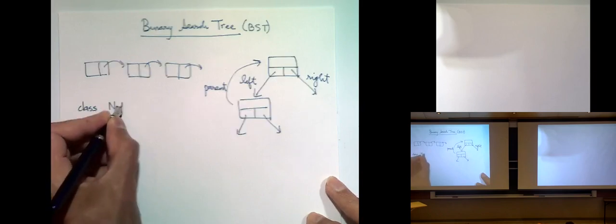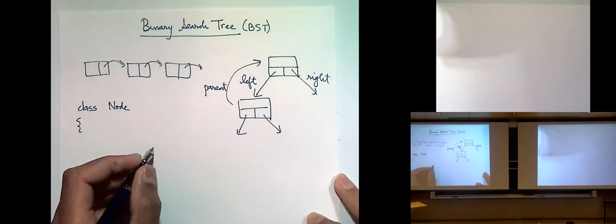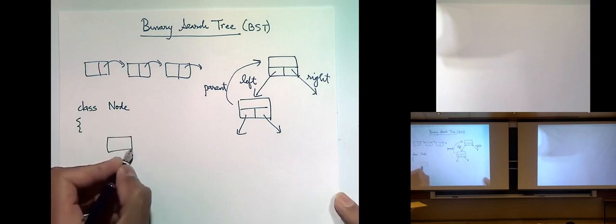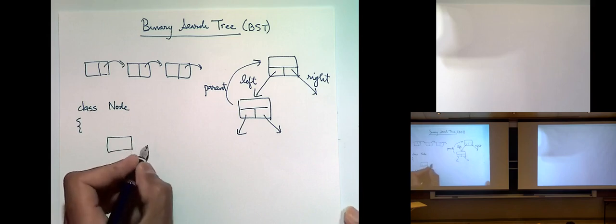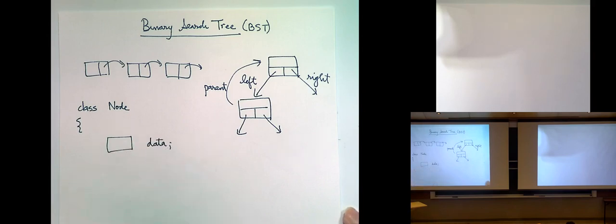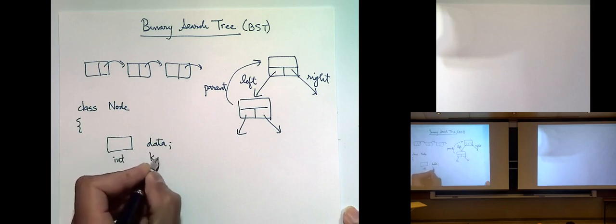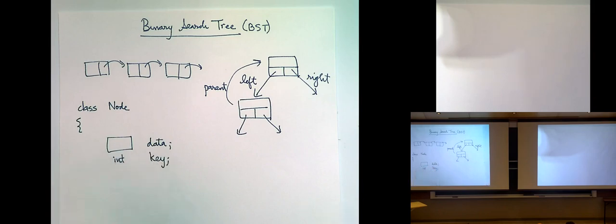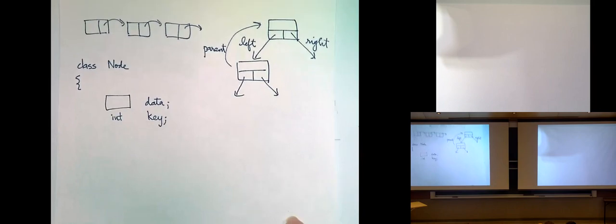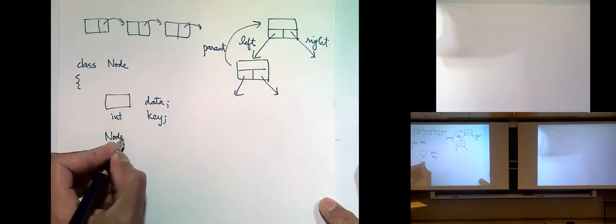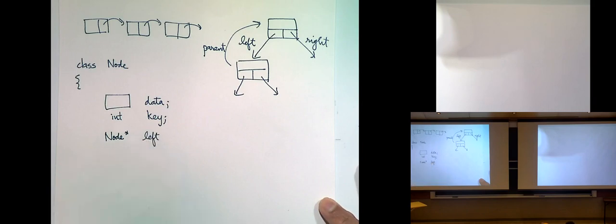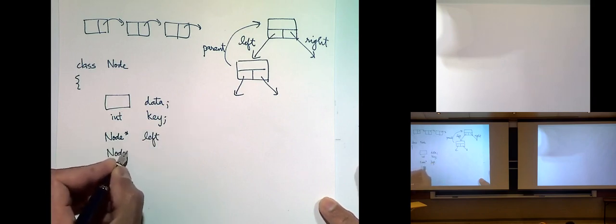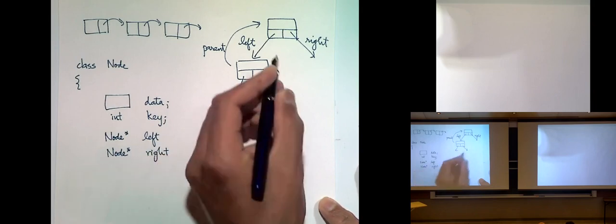So the node class over here, I'm going to give it more generally. You have some object that stores your data. You have some integer key. All of the comparisons are done with respect to key. Usually you think of the key being unique for each object. The key could be stored as part of the data, but I'm just going to think of the key being separate, so there's a separate field called key. Then you have pointers to the left child and to the right child. These are these two pointers.